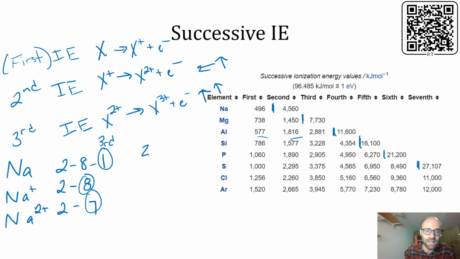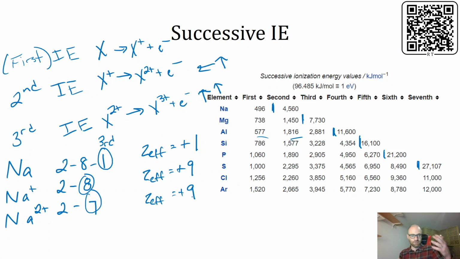Additionally, the effective nuclear charge on the third shell is +1. The effective nuclear charge on the second shell is 11 minus 2, so +9, because the second shell doesn't effectively shield the second shell. It shields the third, though.